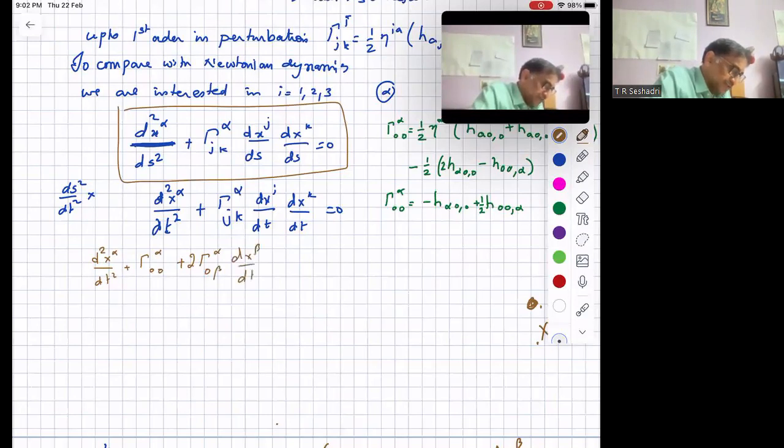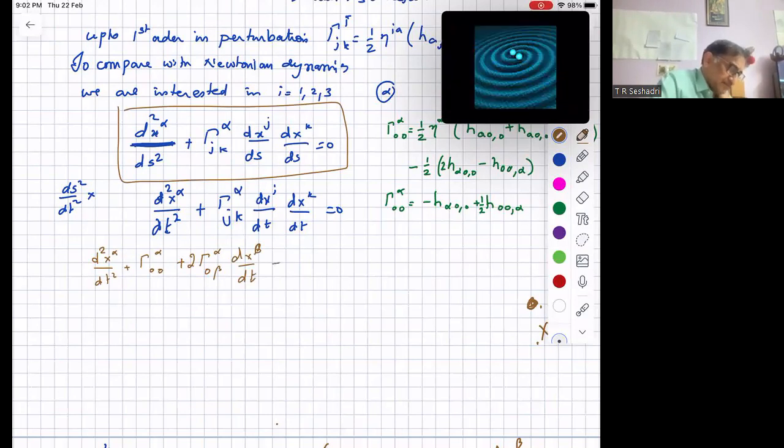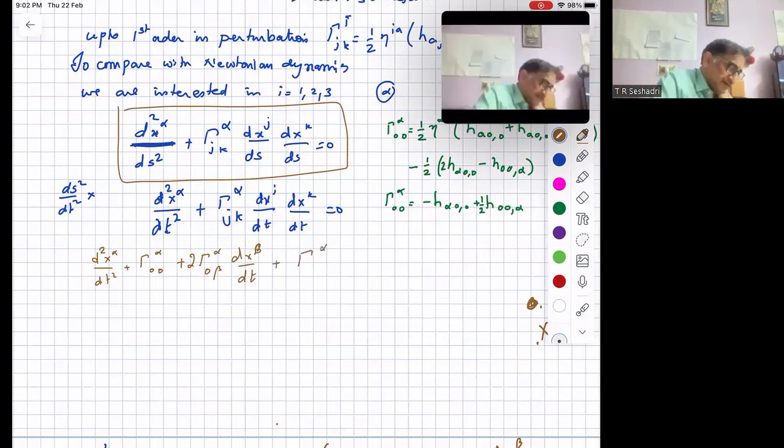You know why it is twice, right? Because of the symmetry of the gamma. Is it okay? Yes. Plus gamma alpha beta gamma dx beta by dt dx gamma by dt.